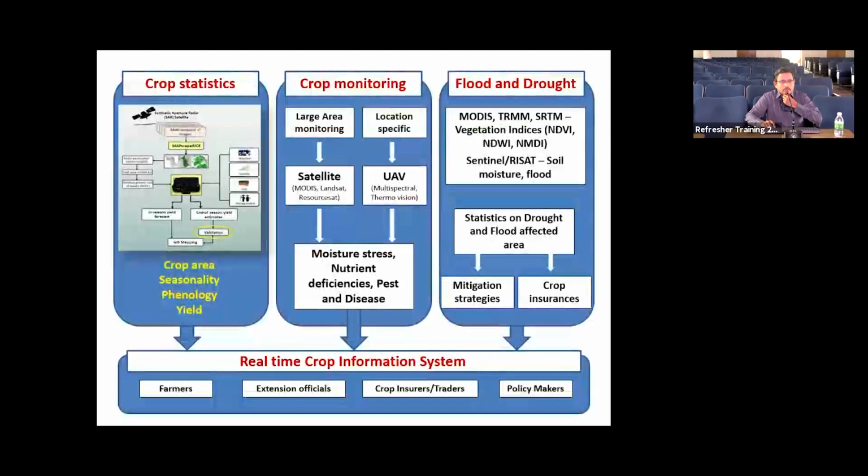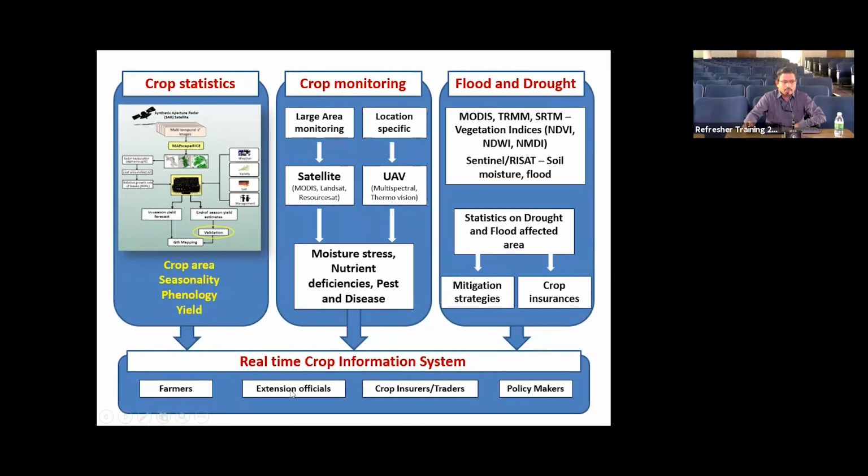Now let me discuss the specific areas where we are concentrating in TNAU using this technology. We largely use this technology for crop area mapping. Number one, crop statistics, that means area under crops, especially rice, maize, and cotton, and seasonality, in which season the crop is being grown, and phenology, the stages of the crop, whether it is in booting stage, flowering stage or harvest stage, and ultimately the yield.